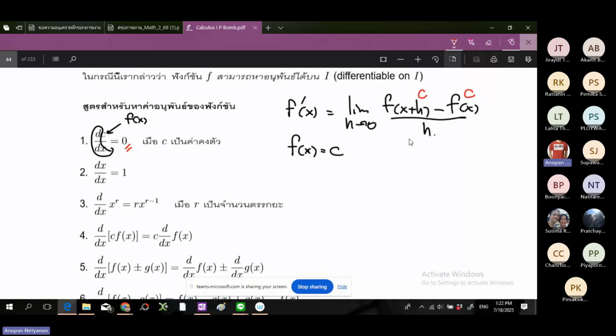Now, the other formula is the derivative of this function, which is f of x equal to x. You get 1. This one might look like you have dx divided by dx. Since they are the same, they cancel to be 1. So this one you can see maybe from this directly. They look the same, so they cancel to be 1.